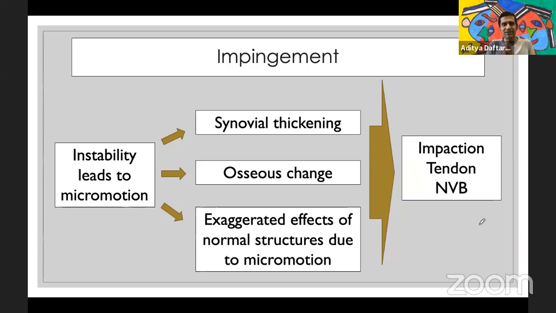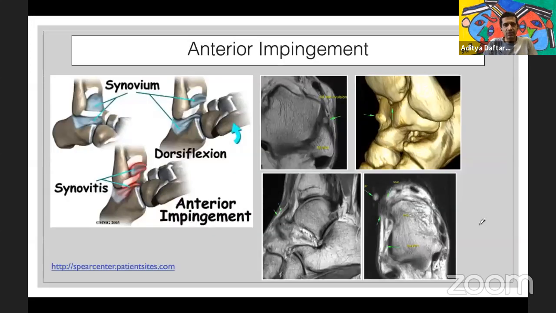And with that instability, you will see things like synovial thickening, bony proliferative changes, and some exaggerated effects of normal structures due to micromotion. So instability leads to micromotion, which then produces impaction on tendons, neurovascular bundles, and can also produce chronic degenerative changes within interosseous ligaments. So let's see how this happens.